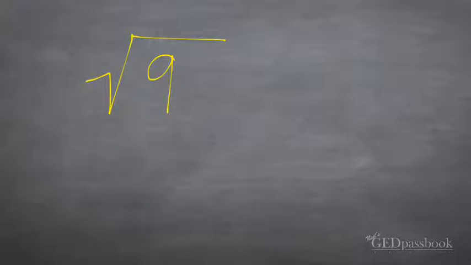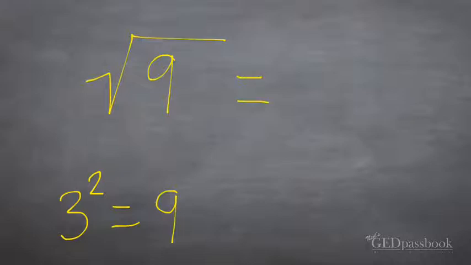What is 3 squared? 9. Here, it's backwards. We're working backwards. All they're asking is, in this problem, what number multiplied by itself 2 times equals 9.